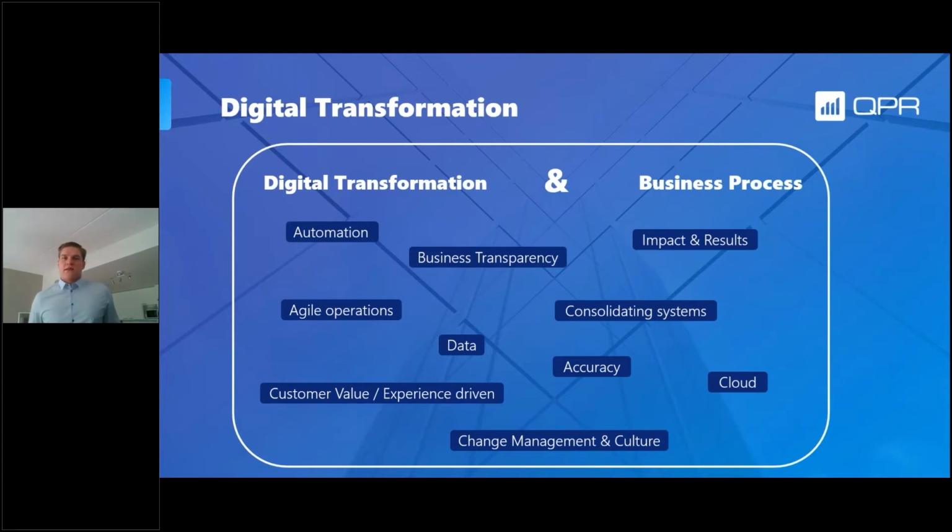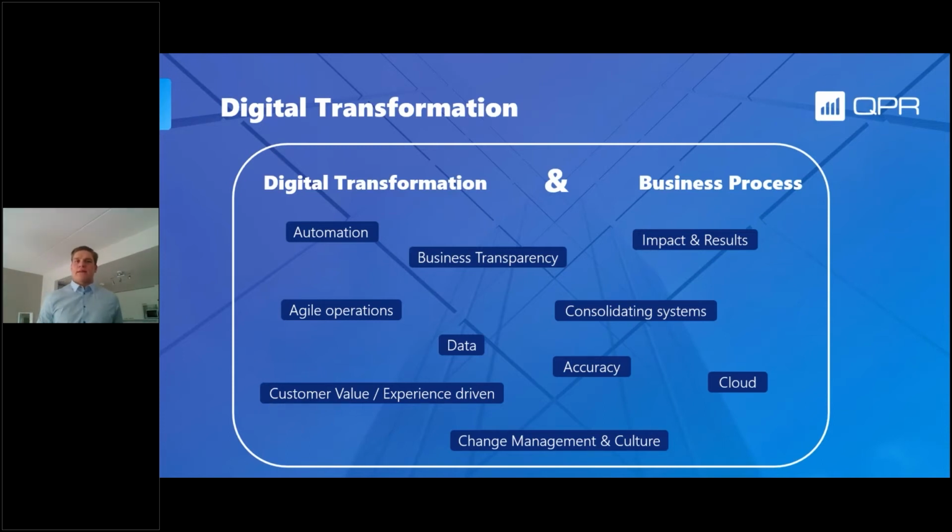So that goes hand in hand. With good processes, you will do better on all of these topics, and by doing better on these topics, you will also be able to speed up your digital transformation journey and make it smoother.